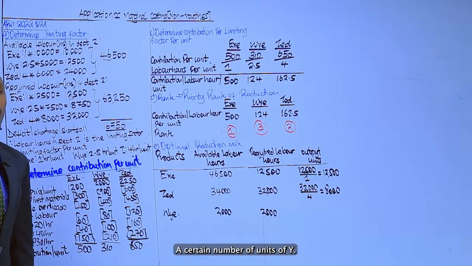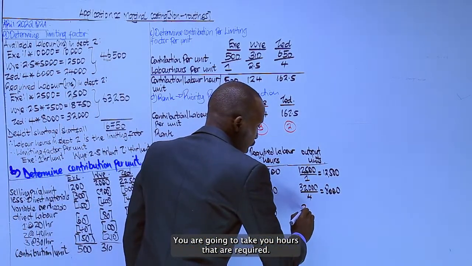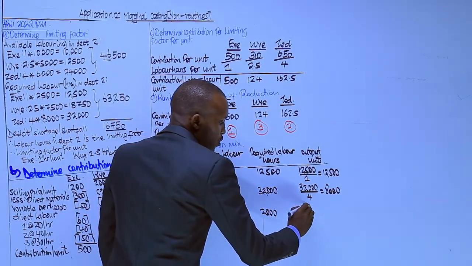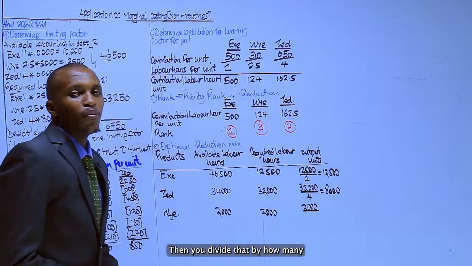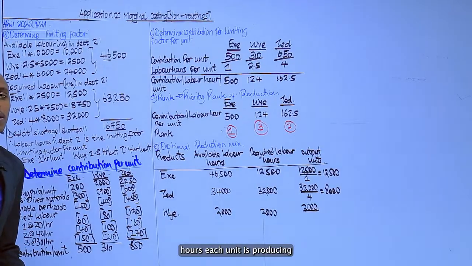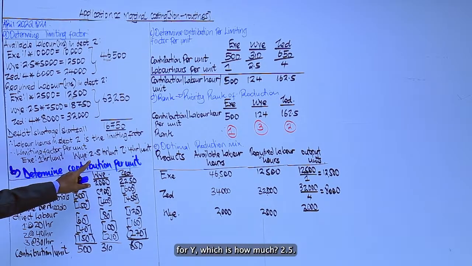And these 2,000 labor hours are the ones you're going to use to produce a certain number of units of Y. You take your hours, 2,000, then divide that by how many hours each unit requires. For Y, that is 2.5.